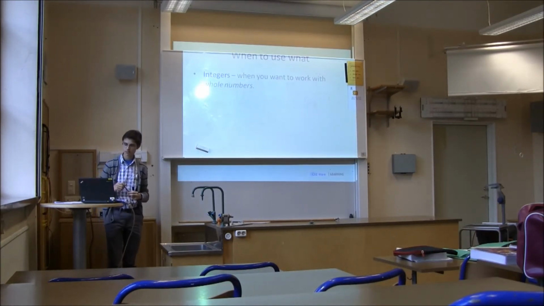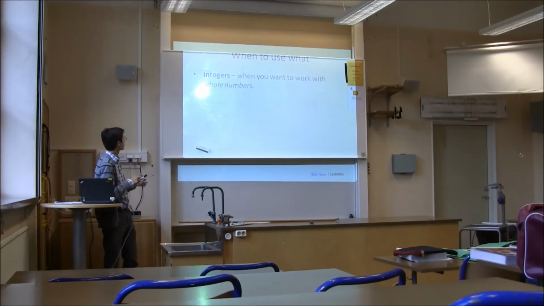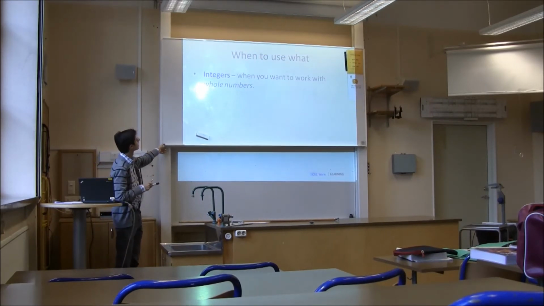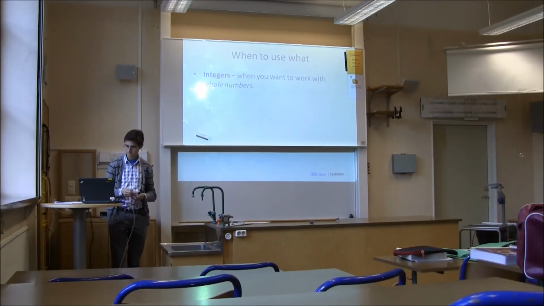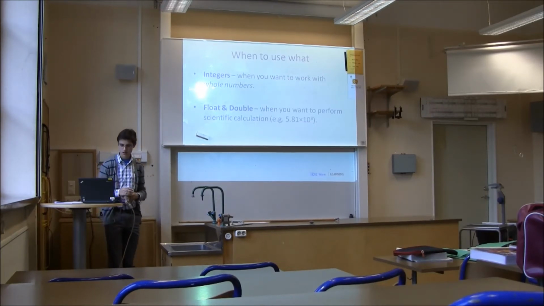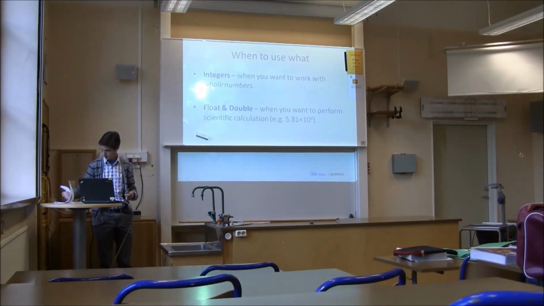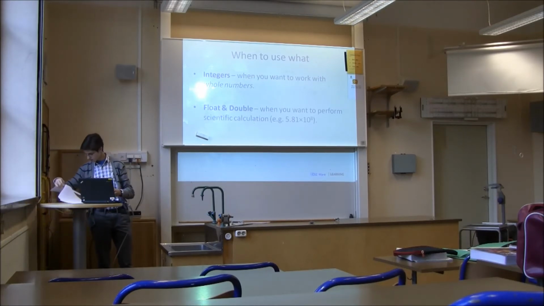And then, I think I answered it. Integers are basically used when you want to work with whole numbers. Float and double are basically used when you want to perform scientific calculations. So float is, I think, single precise, no, wait a minute.